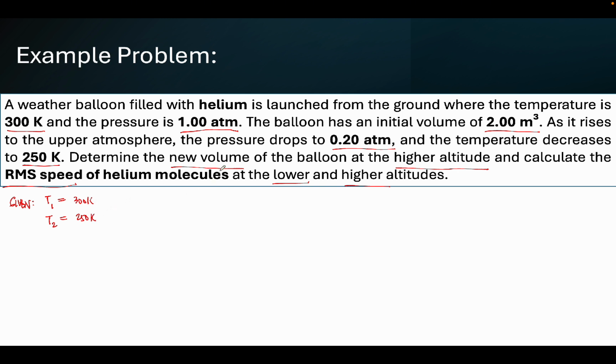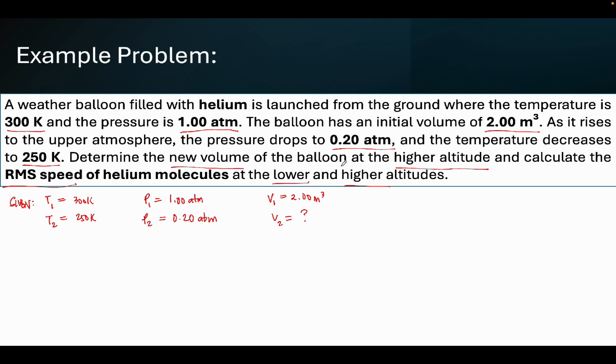We also have an initial pressure of 1 atm, and our final pressure is 0.20 atm. Then we have the initial volume at 2 cubic meters. What we need to find is V2, the final volume, or the new volume at the higher altitude.